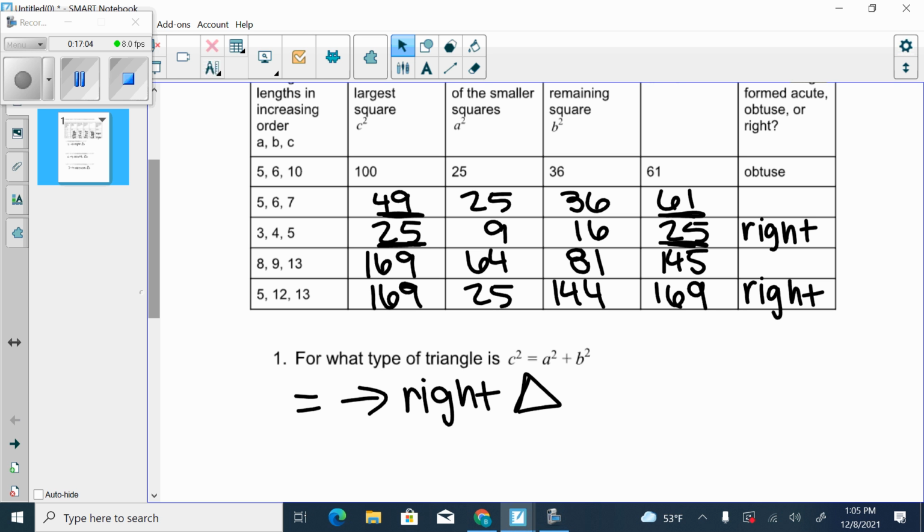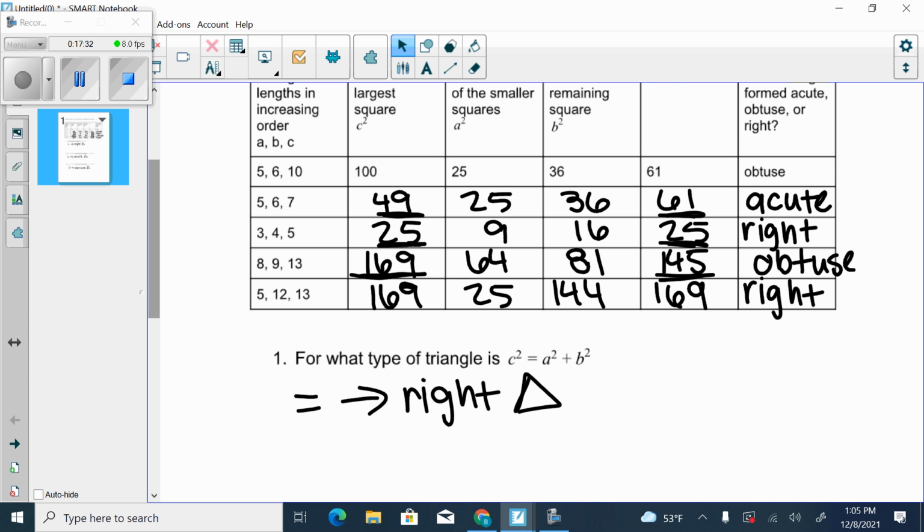So c squared was less than a squared plus b squared. This one must be acute. All right, for our 8, 9, 13, here's my c squared. Is it less than or greater than the a squared plus b squared? Greater than, so it must be obtuse.